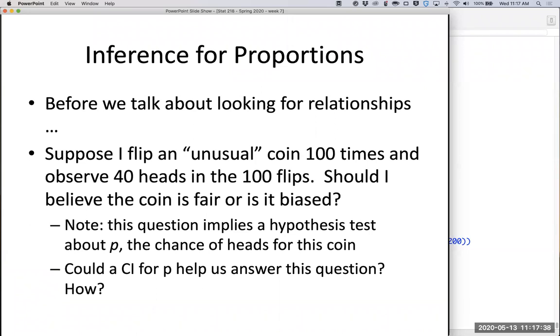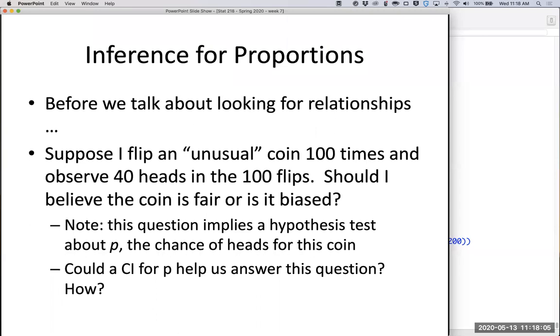I'm thinking this has got to be a hypothesis test, because I'm asking, is the coin biased or not? Is the natural alternative hypothesis that the coin is biased, P is not 0.5? The null hypothesis corresponds to no bias. The value for P, the rate of heads, is 0.5.